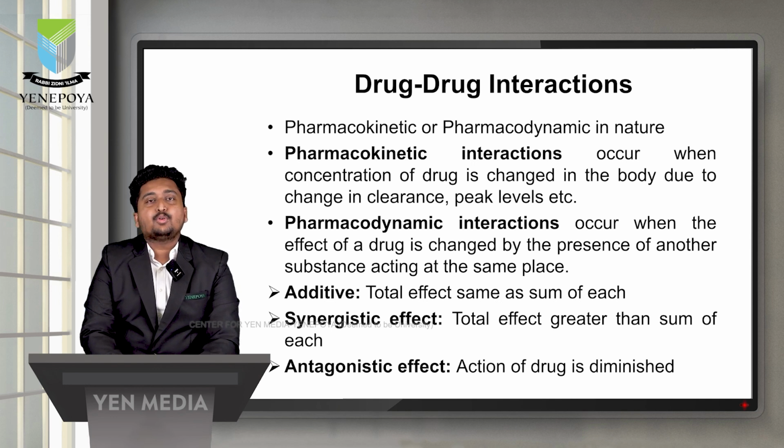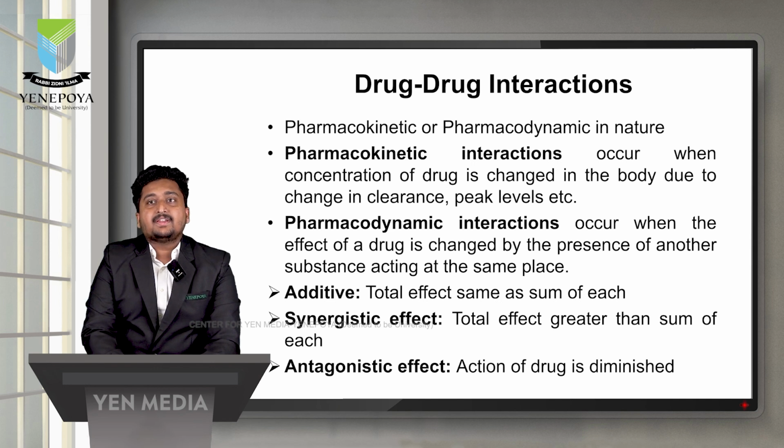Basically, pharmacodynamics is the mechanism of action of a drug, how the drug actually acts on the body. We have three types of pharmacodynamic interactions. They are additive, synergistic and antagonistic effects. So, what is an additive effect? Additive means the total effect is the same as the sum of each.